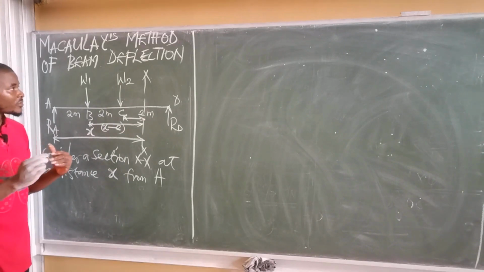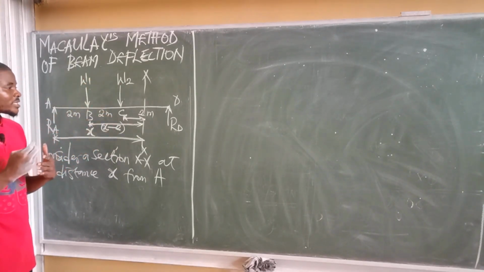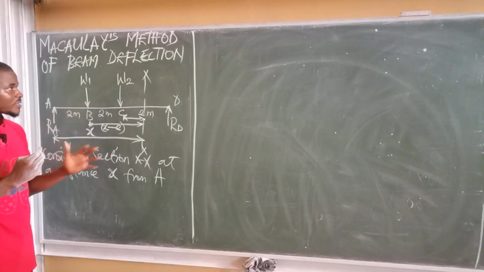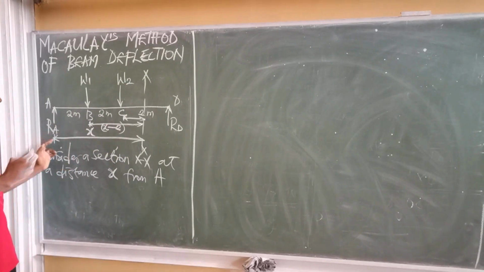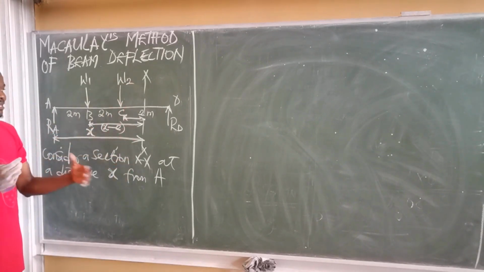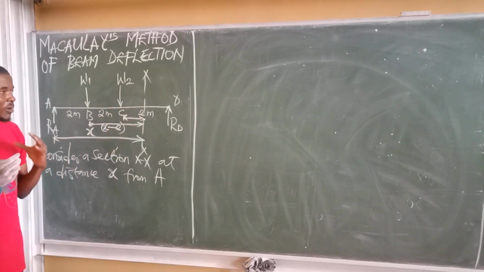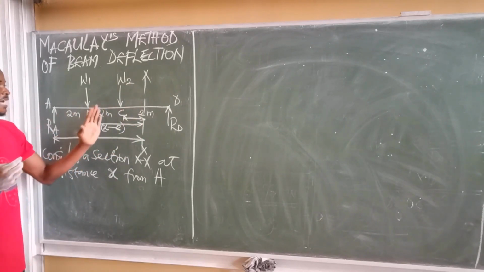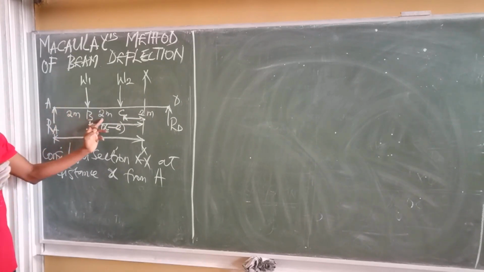The next thing you establish now is at the load of W2, that's at point C. What now is the distance of this load from point C to the point of section? It's still the same thing. If from point A to the point of section is x meters, what is now the distance from point C to the point of section? Same thing. Now I am at point C, which means I don't need the distances behind. And the distances behind include 2 meters and 2 meters.